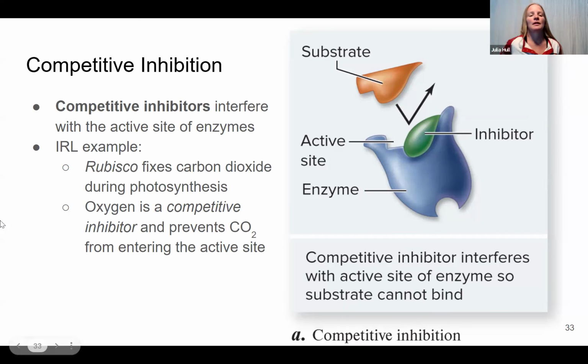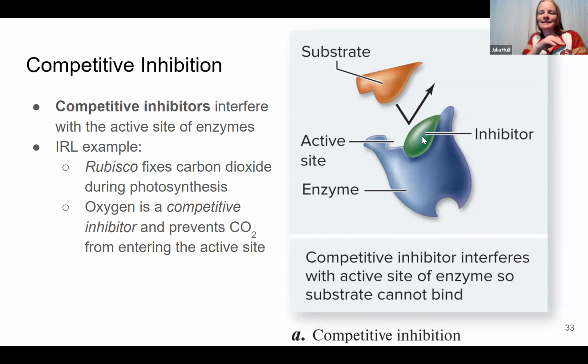Okay. So this is another concept that we're going to draw on the whiteboards when we get back into class. Okay, so we're going to have our competitive inhibition. So our enzymes, again, right, have that active site. That active site is the pocket that's going to fit our substrate. If we have a competitive inhibitor, this is going to be a non-target substrate, right? So our inhibitor is not our substrate, it's something else.